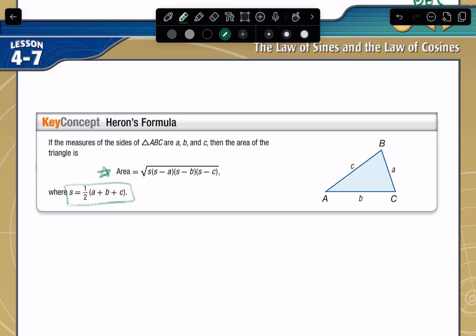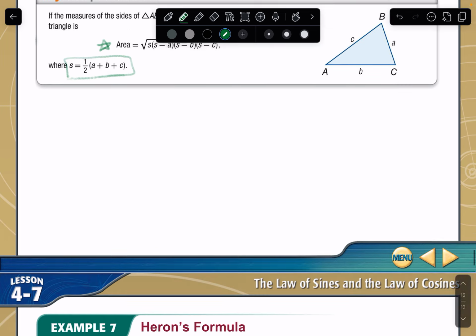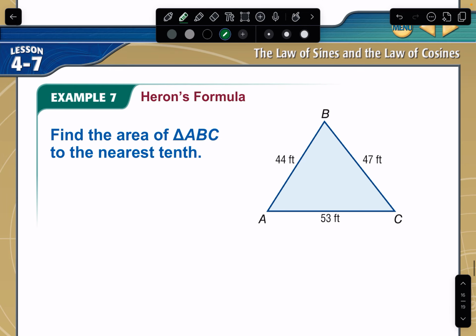Whenever you're taking a quiz or a test, you need the S formula to be able to use the other one. So this is finding area of a triangle. I can't just use 1/2 base times height like you're used to with finding area, because these are not just a right triangle anymore, it's other types of triangles.